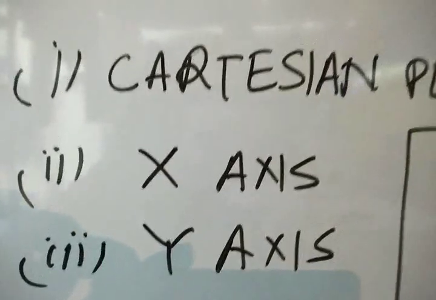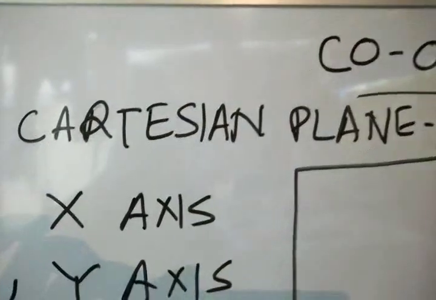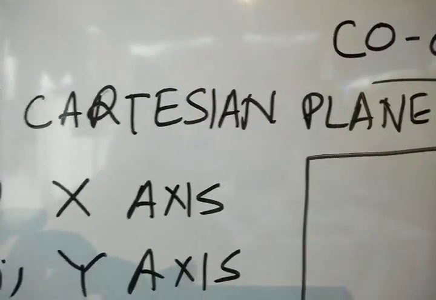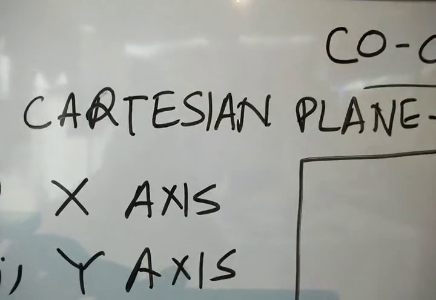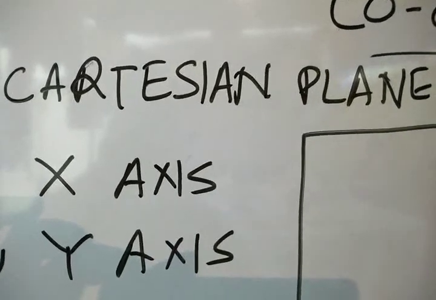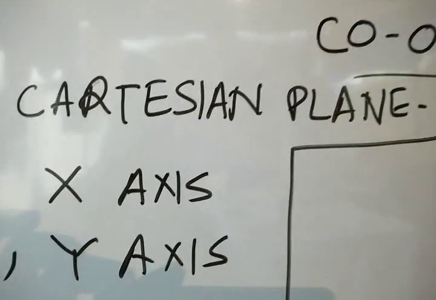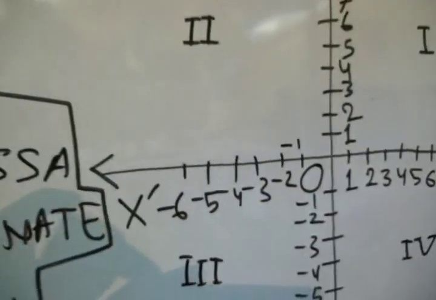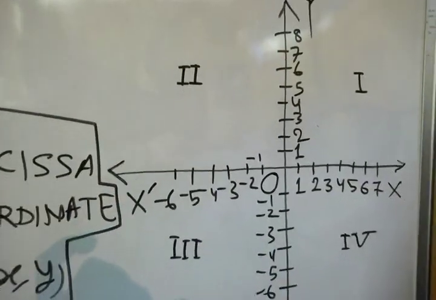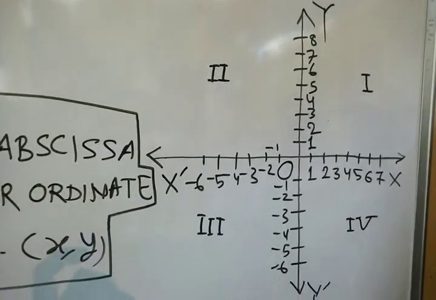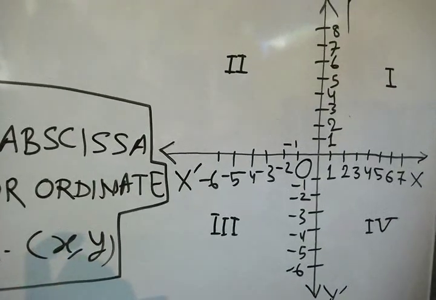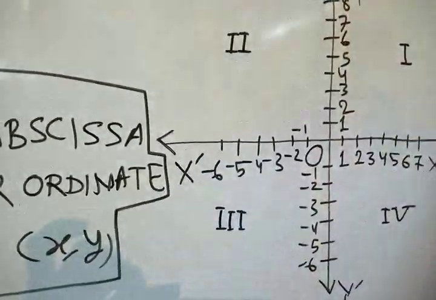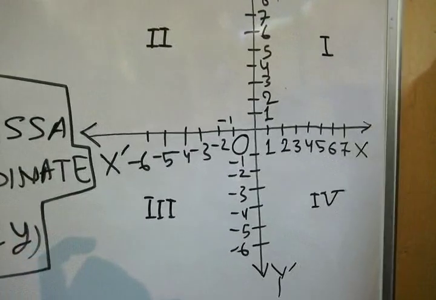Okay. First of all, we must know some of the topics related to coordinate geometry. The first is the Cartesian plane. So what is a Cartesian plane? I think all of you know very well about the plane. The plane is a flat surface which can be extended on all sides. But a Cartesian plane is, if you draw two mutually perpendicular lines, as I have drawn here for you, these are x dash and y dash, the two mutually perpendicular lines.